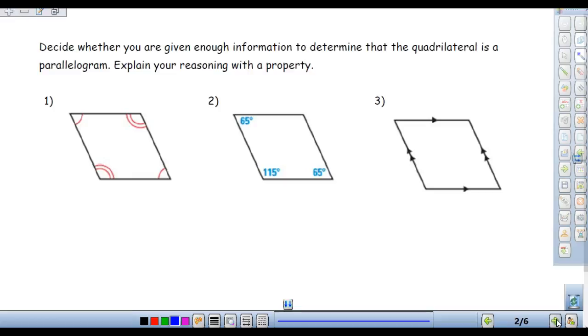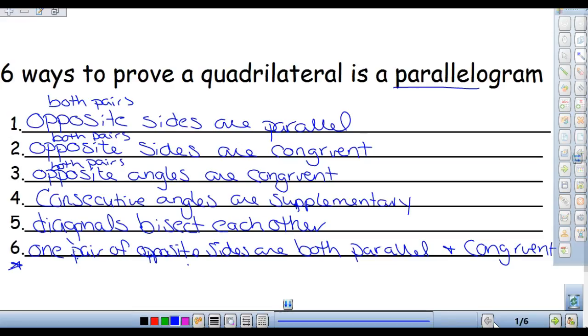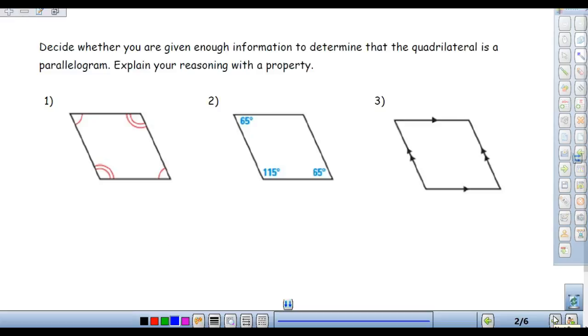So now you're looking at that sheet that I handed out. Got it? All right. So in number 1, is number 1 a parallelogram? Yes.